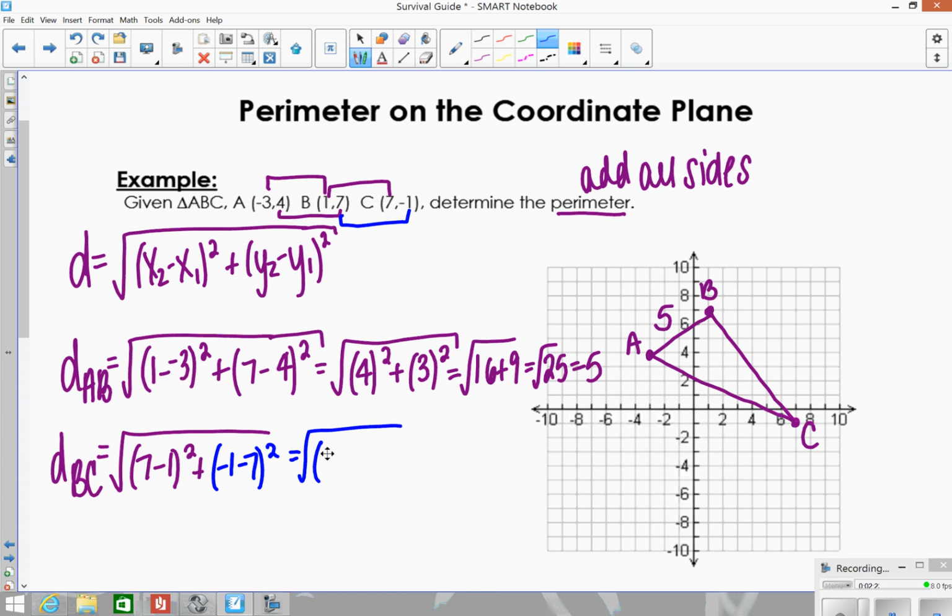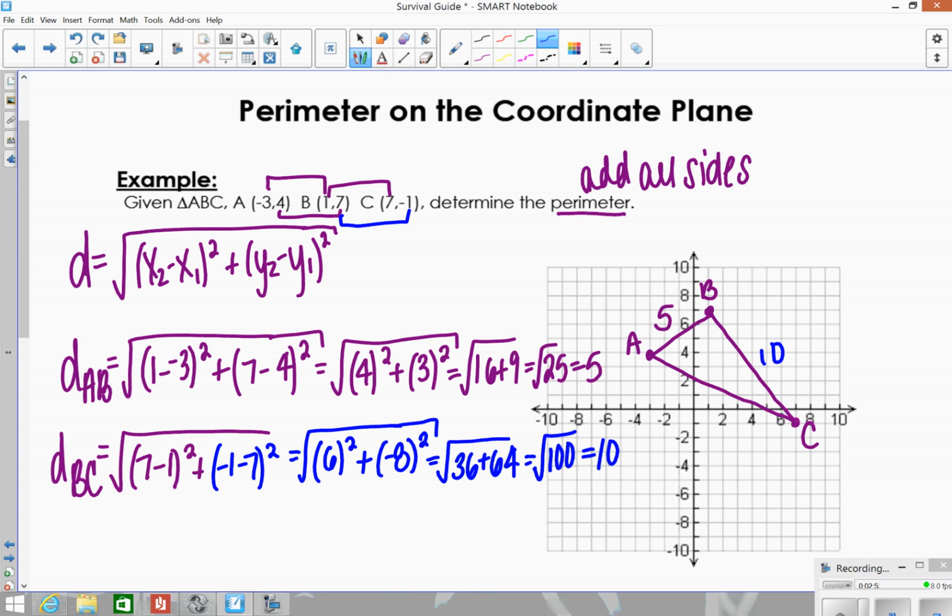So it'll be 6 squared plus negative 8 squared. So 36. And then remember, when you square a negative, it's going to become positive, so that'll become 64. And this will give you the square root of 100 when you add them, which reduces down to 10. So BC is going to be 10.